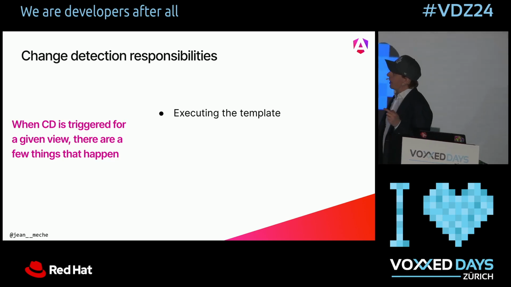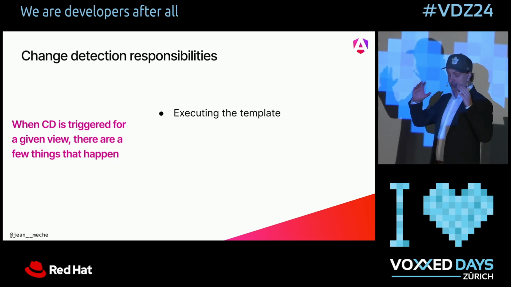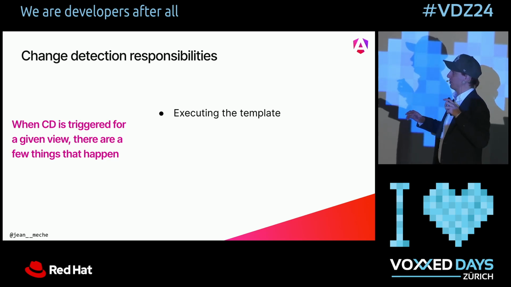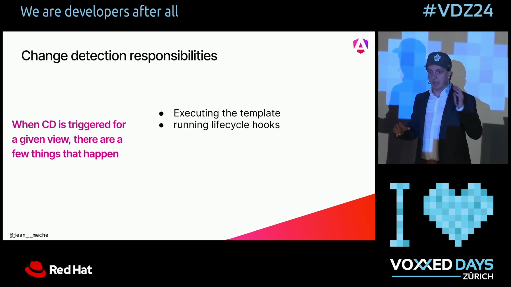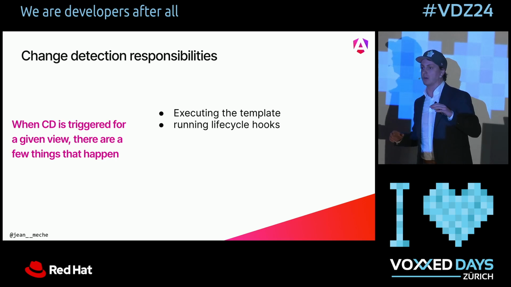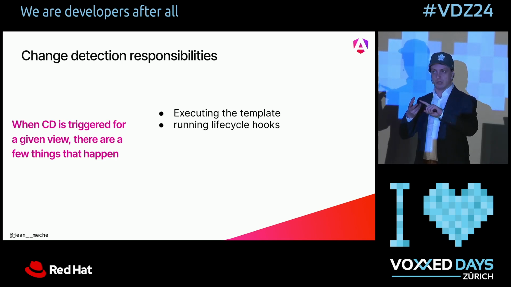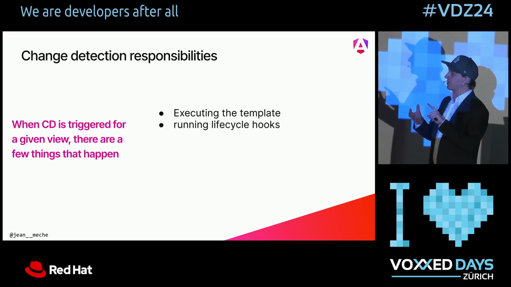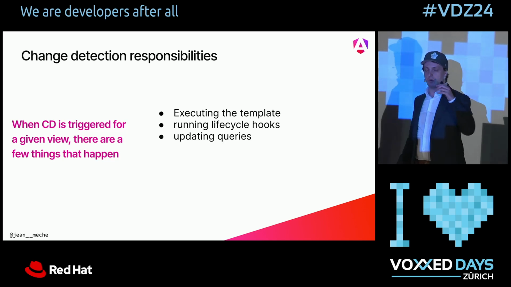So the basic thing that change detection does is actually executing the template function. It will also run what we call the lifecycle hooks, so ngOnInit, ngOnChanges mainly, and the other hooks like ngAfterContentInit, etc. It will also update all the queries.